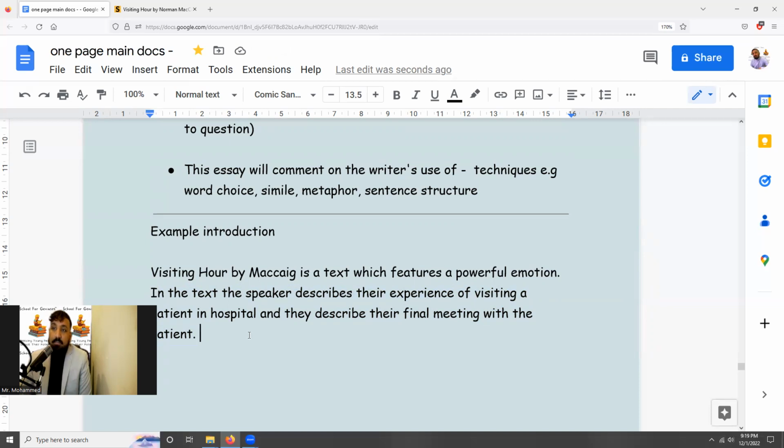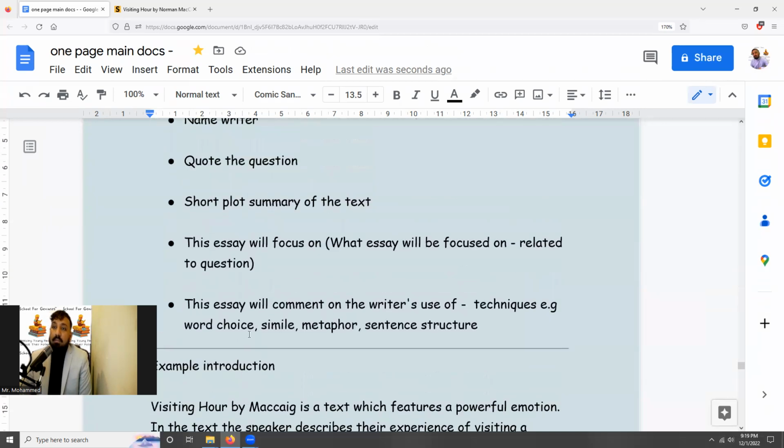So I would say at most maybe 3 or 4 sentences, no more than that. Remember, the detail and the actual writing depth will come in your main body paragraphs, and that's when you can go into a lot of detail. Okay, now the next thing is going to be relating to our specific focus.